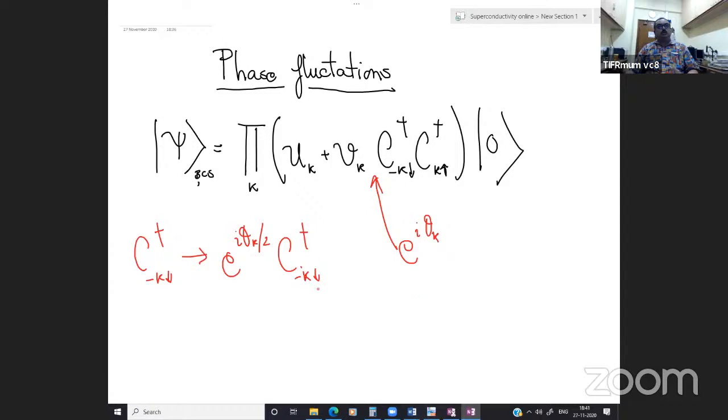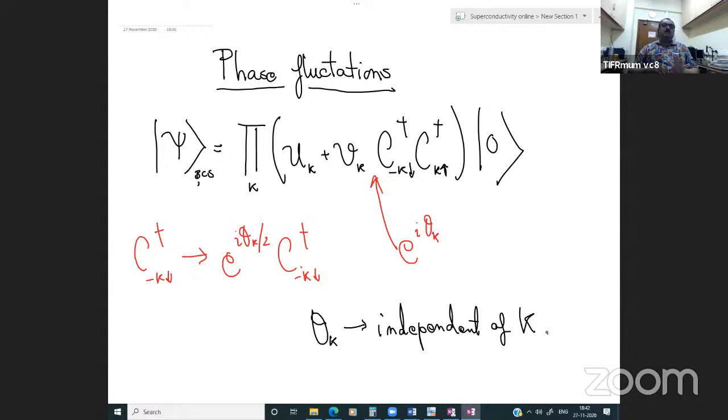Now we also showed variationally that at least for the ground state, theta k is independent of k. If you remember the derivation, we did that for the ground state.